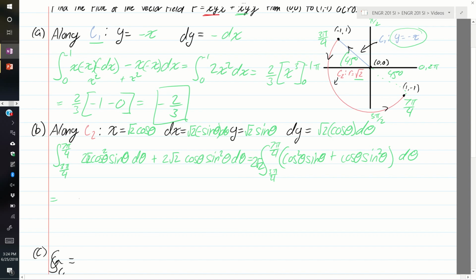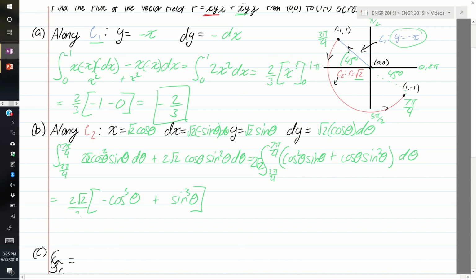So this will equal 2 root 2 times negative cosine cubed theta, because if u is cosine, du would have to be a negative sine, so you have a negative out there, plus sine cubed theta.